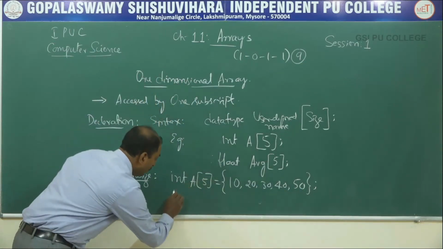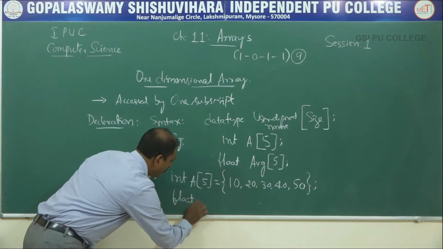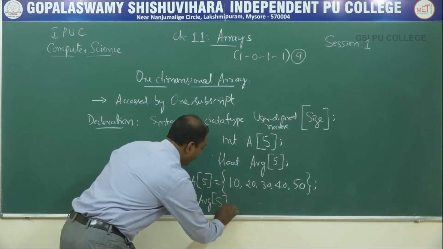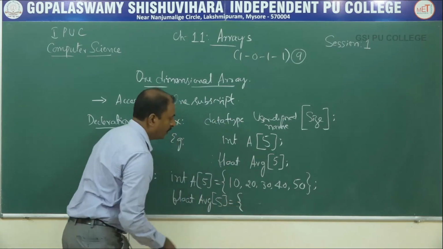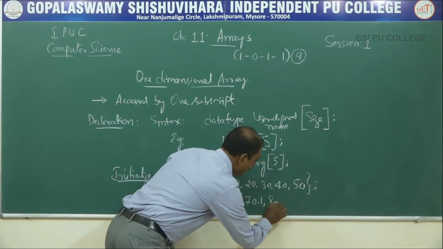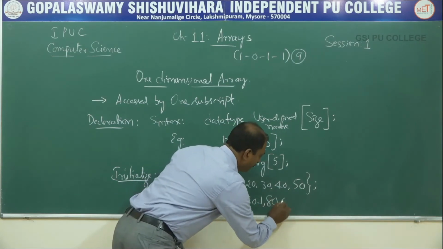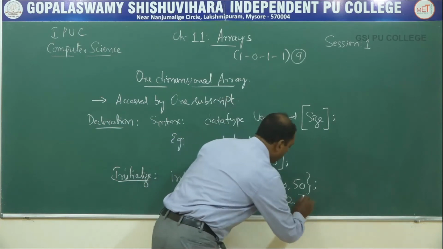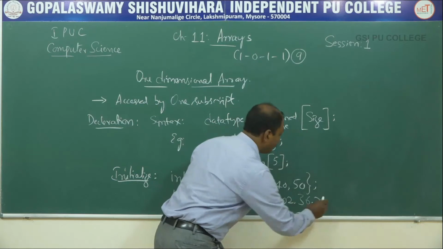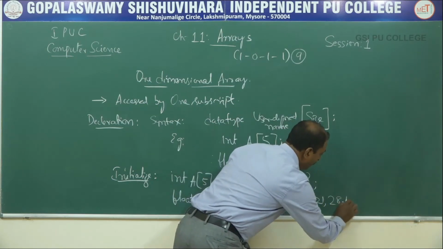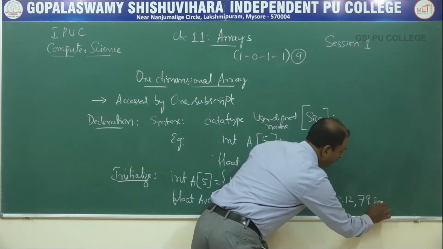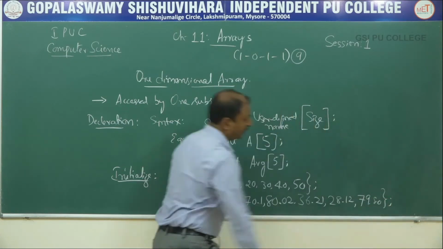And one more example, float average of 5 equals, here 70.1, 80.02, 36.21, 28.12, 79.80, close the bracket with semicolon.